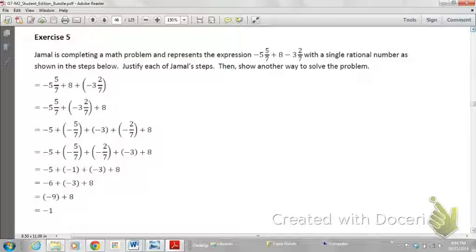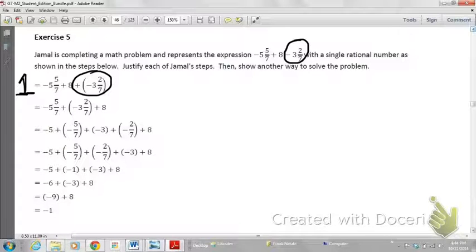As you can see with step 1, this is step 1. You notice what he has done. He has actually taken this portion right here and turned it into this.